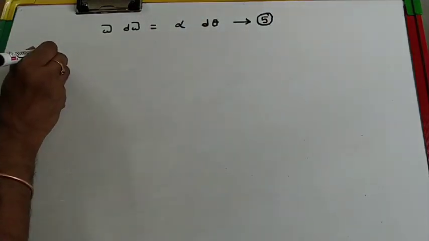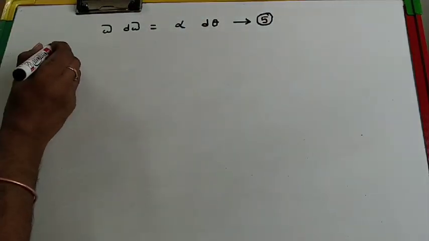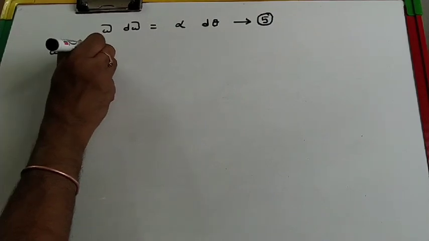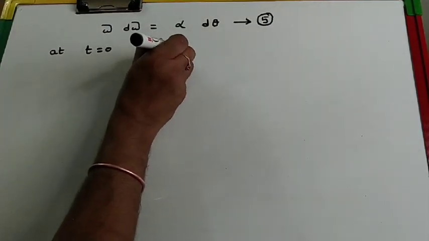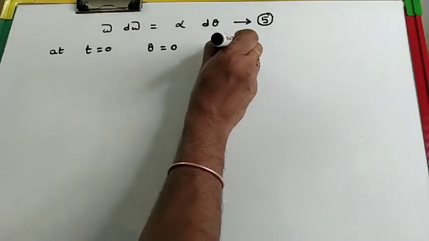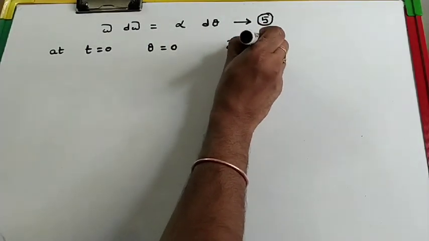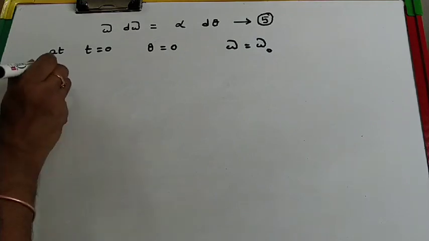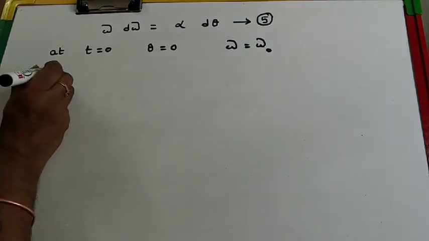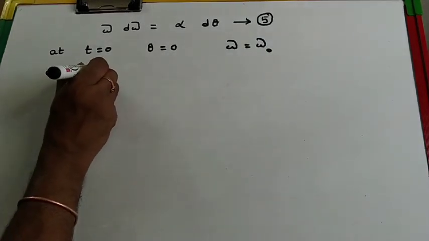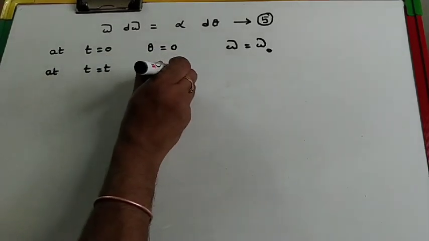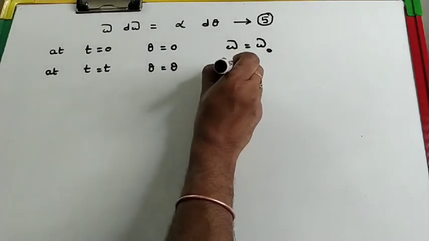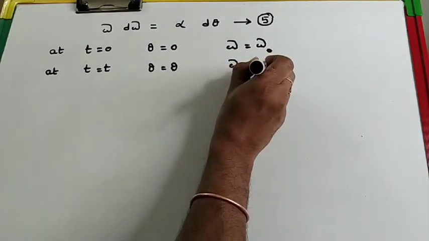At t is equal to 0, theta is equal to 0. That means omega is equal to omega naught. At t is equal to t, theta is equal to theta. Now omega is equal to omega.